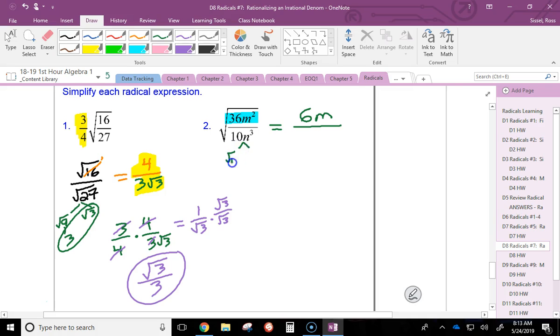So I would make that n squared and n. So I'd really have n, because that's what this becomes, and then times the square root of 10n. Okay. Where would you go from there? You multiply 6m with n, square root of 10n. Alright.